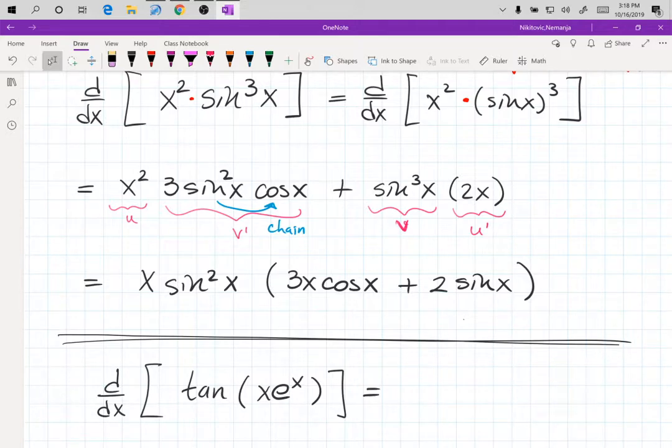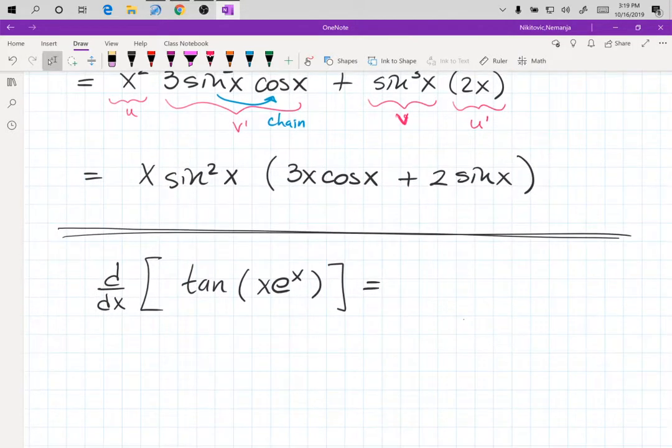You just have to figure out which rule goes first, which is the rule that applies to the whole problem, and which is the rule that applies locally to a part of the problem. Over here you can have two separate functions multiplied, so that's a product rule for the whole problem. Over here, tangent applies to everything, which is why the chain rule is the boss.